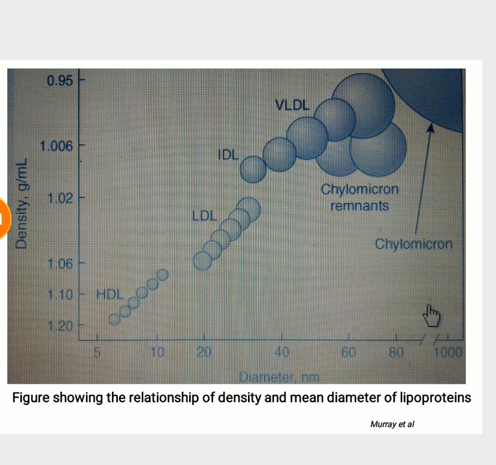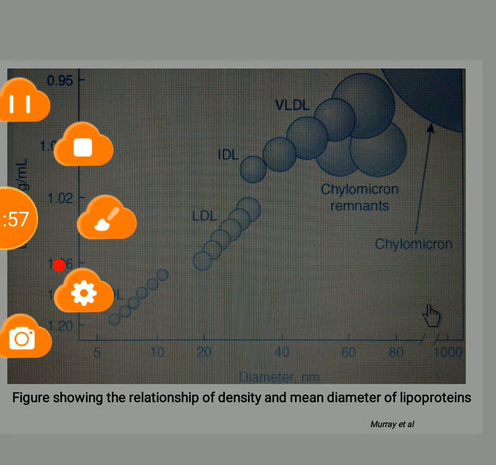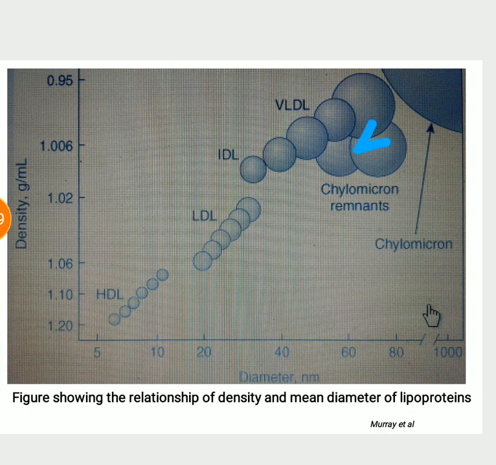This is a combination of density together with diameter. You can see the chylomicron with the largest diameter, followed by its remnants.